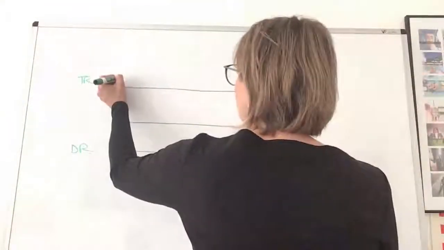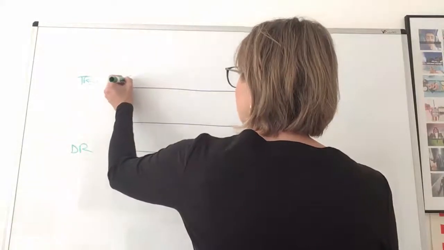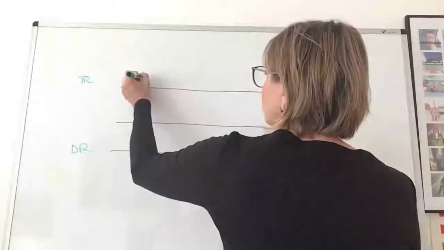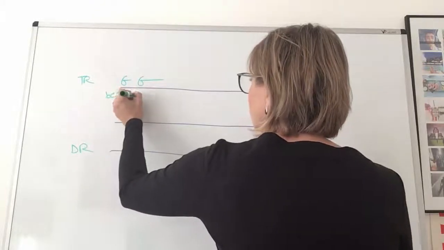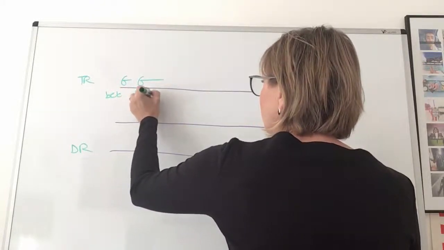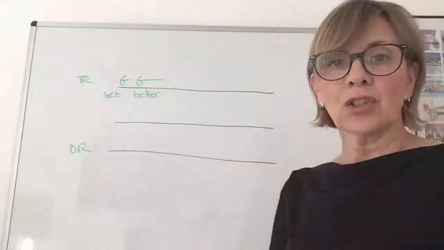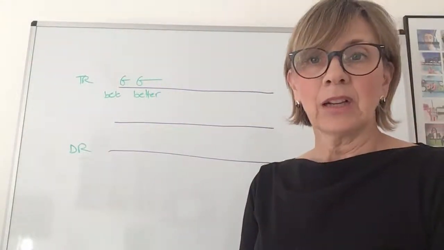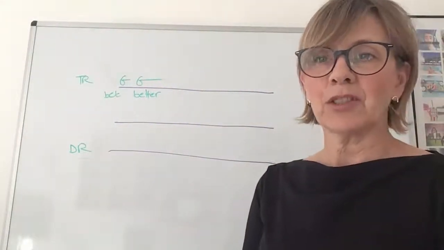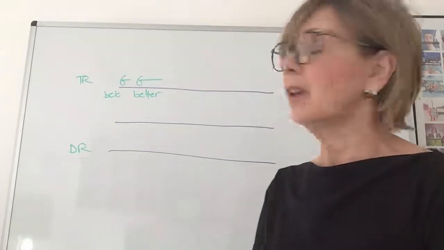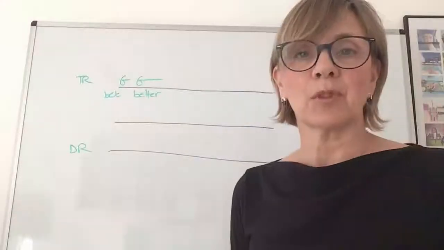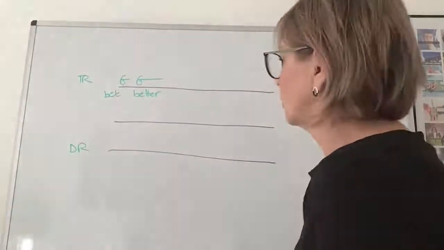So for example, if I was to write bet, if I wanted better, I just double the length of the T's. Now you see when I'm correcting work, sometimes I'm a bit strict about the sizes of your letters to keep them in proportion, because you have to show the difference between a doubled letter and a not doubled letter.